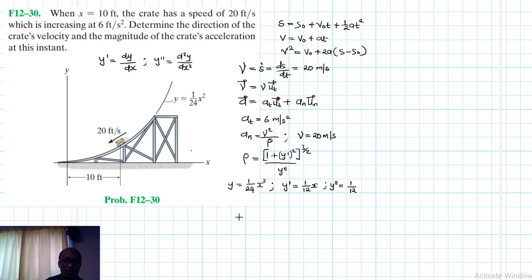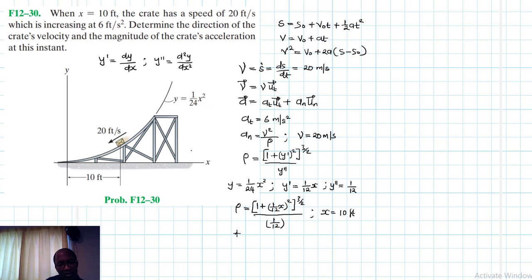Therefore our rho, if you plug in this value, becomes [1 plus (1 divided by 12 x) squared], to the power 3 over 2, divided by 1 over 12. We are evaluating this at x equal to 10 feet.